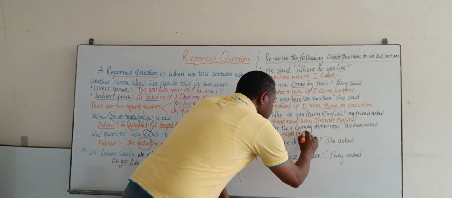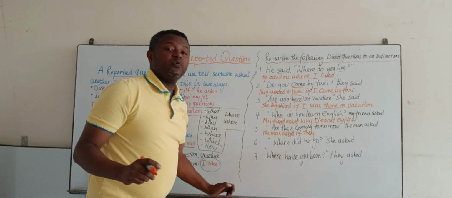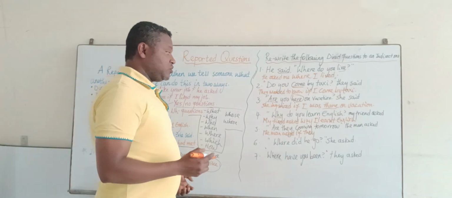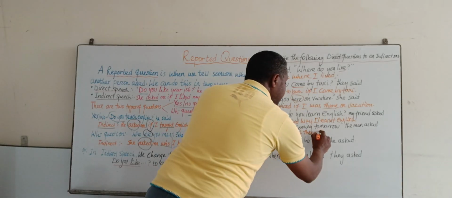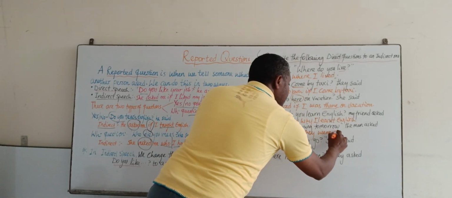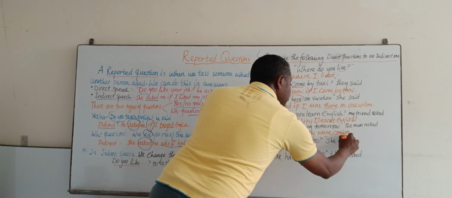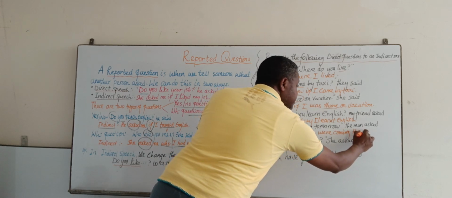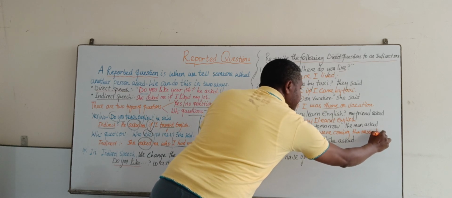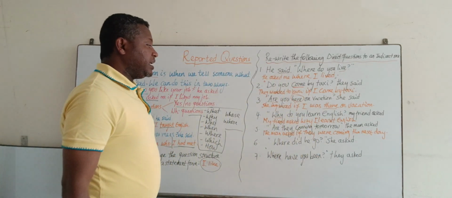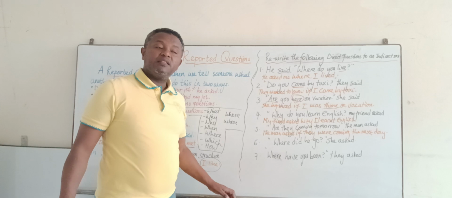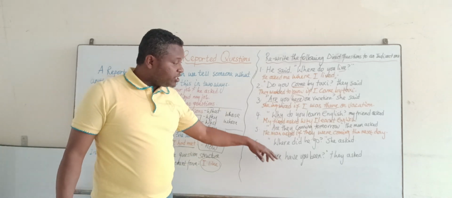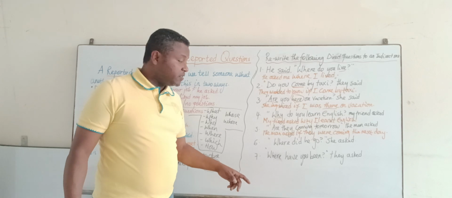If they, present continuous tense will be changed into past continuous tense. So the man asked if they were coming, tomorrow will be changed into the next day. Okay? The man asked if they were coming the next day. You see? So present continuous, change it into past continuous.